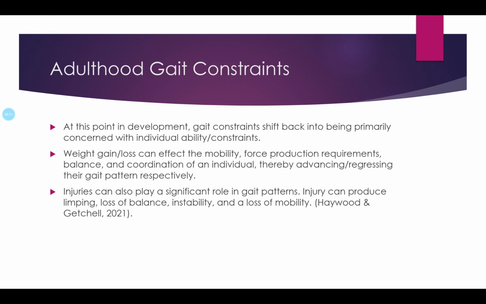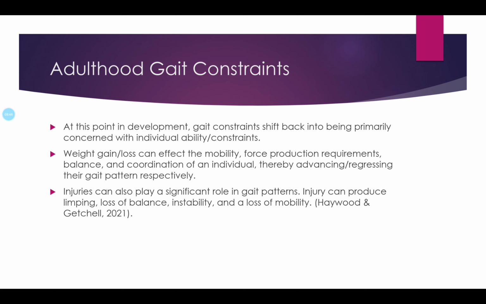Adulthood gait constraints. At this point in development, gait constraints shift back into being primarily concerned with individual ability and constraints. Again, this is not to say that social and environmental factors don't have any play in this. It's primarily concerned with the individual.